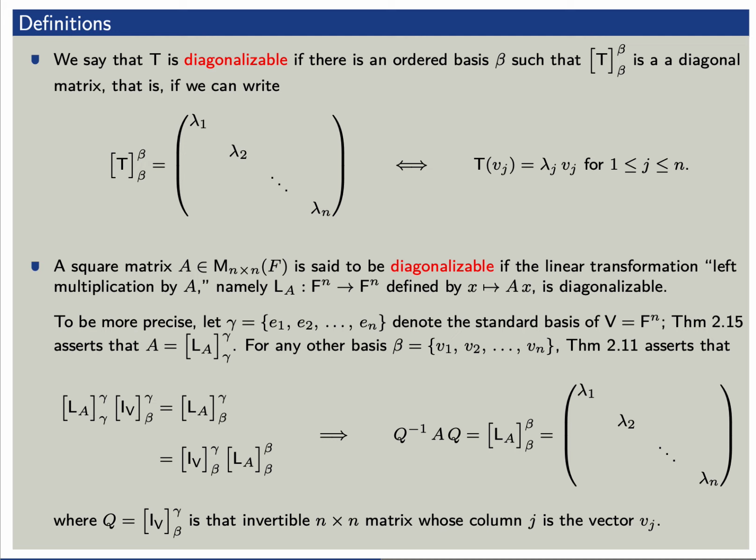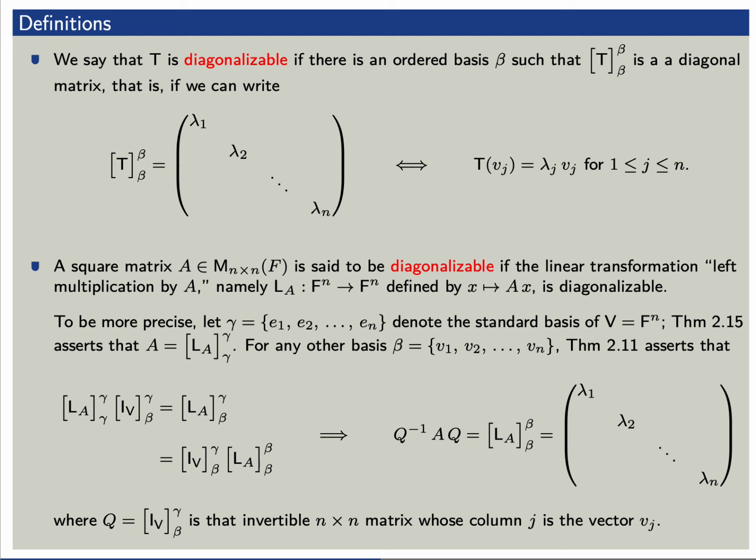For any other basis, beta, we can have a change of coordinate matrix Q going between the two bases, beta and gamma. This means that the matrix product Q inverse times A times Q is the matrix representation for L of A going from beta to beta.